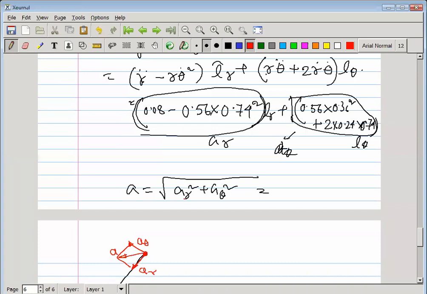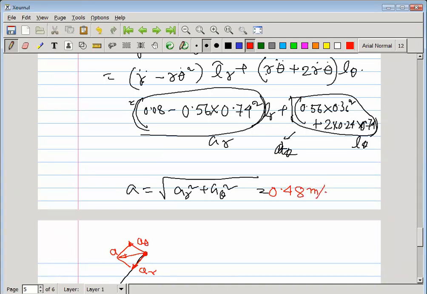This is the a r. Put this value, squared, and 0.56 into 0.36 plus 2 into 0.24 into 0.74, squared. And the root of that is 0.48.